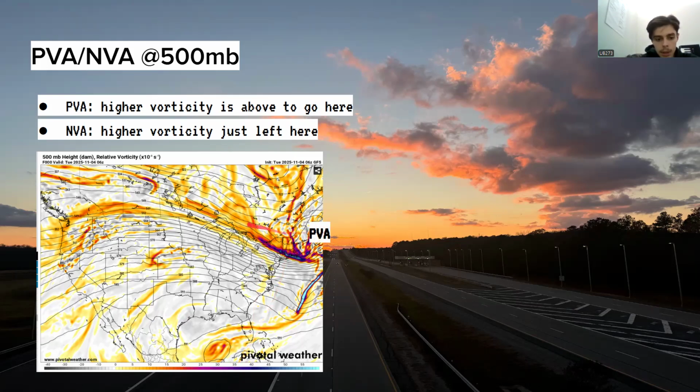They're about to go there because you can see this is like a path that it's going to take. So if higher vorticity is about to go there, there's positive vorticity advection. On the other hand, we know that these dark colors were here, so where they used to be is where negative vorticity advection is going to be. And around here, it's pretty much static across, so that would be considered neutral vorticity advection.